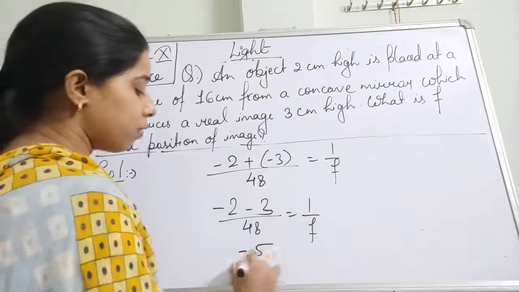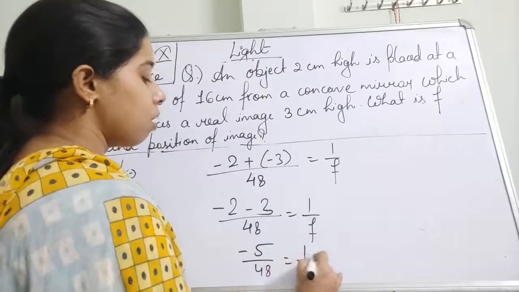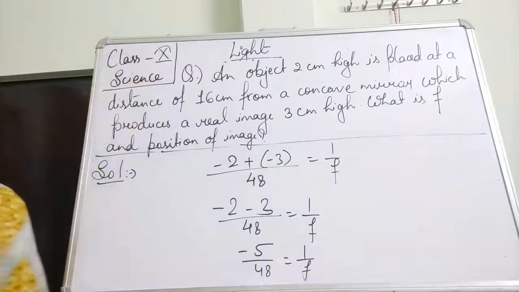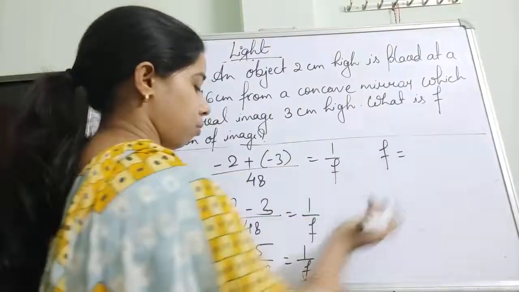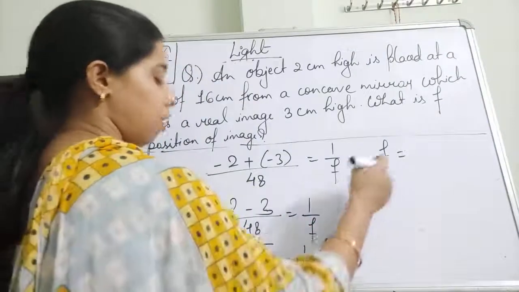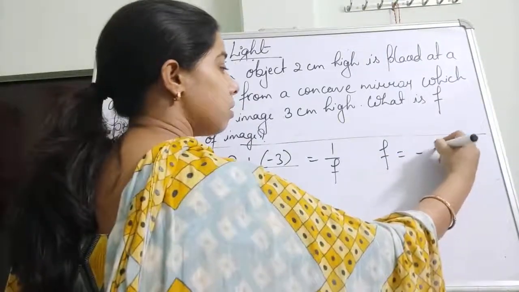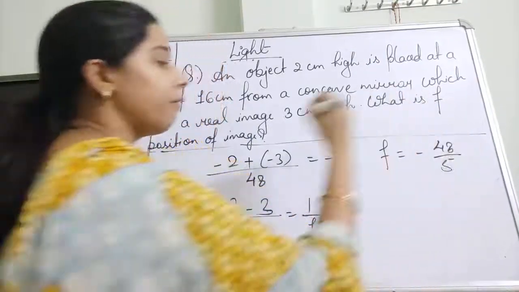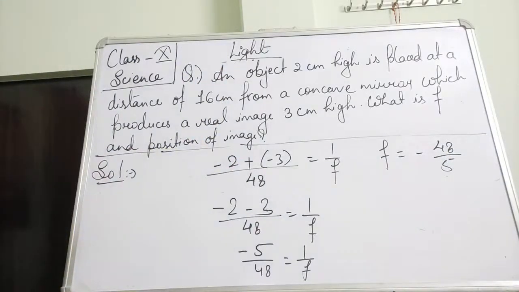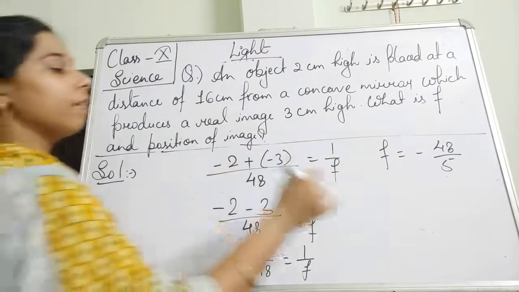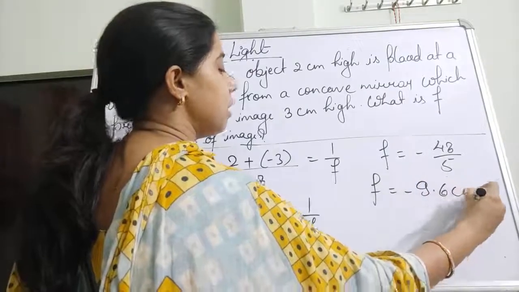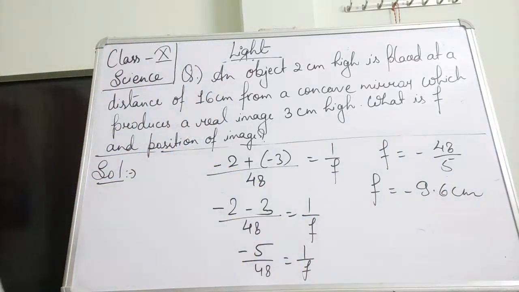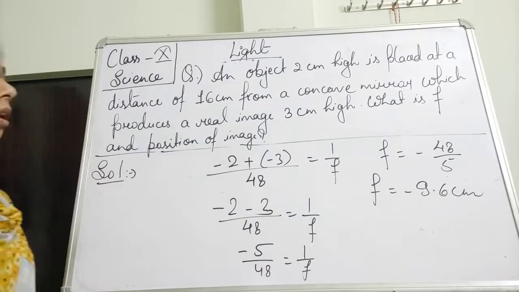So minus 5 by 48 is equal to 1 by f, or we can simply write f is equal to, now when we reverse it, f will be equal to minus 48 upon 5. When you divide it, it will give the answer minus 9.6 centimeter. This will be the focal length.